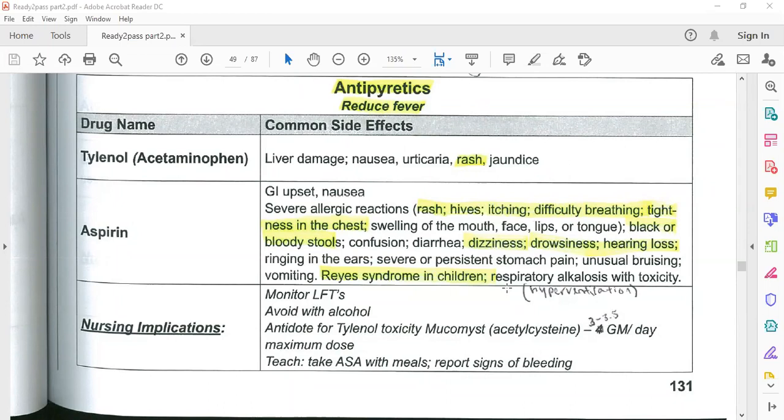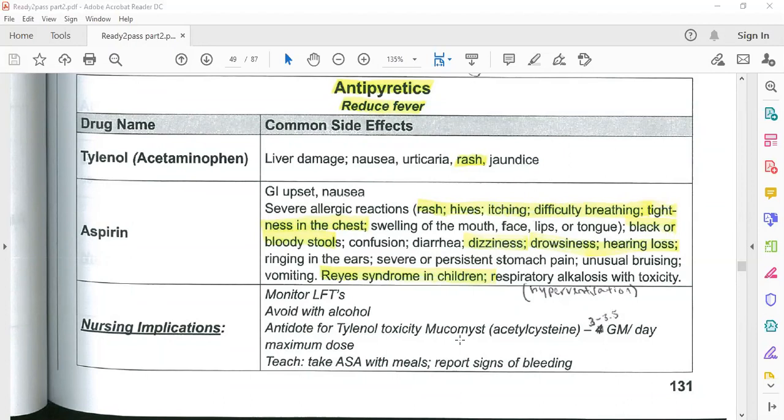And never ever give aspirin or acetaminophen with alcohol. The antidote for acetaminophen toxicity is called acetylcysteine. Another name for acetylcysteine is Mucomyst. So don't forget it. It is super important for the NCLEX board for LPN and RN.